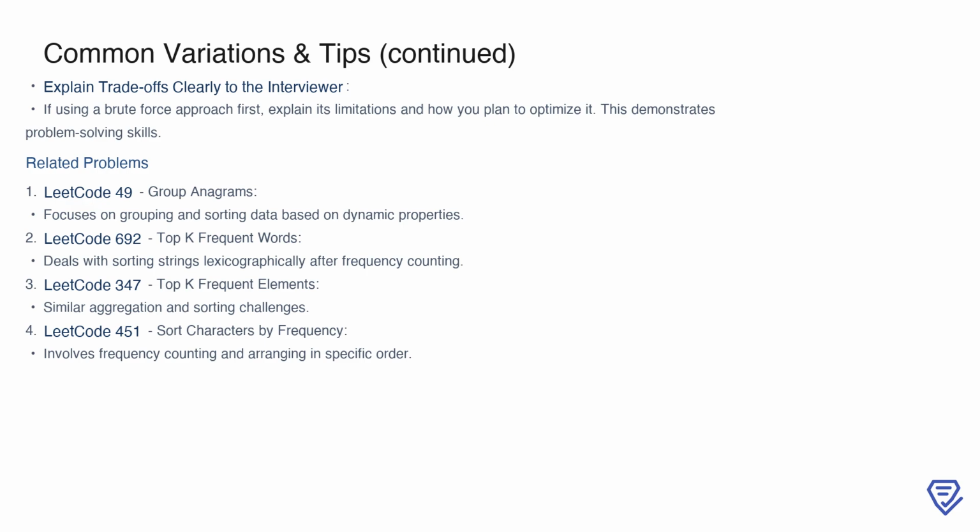LeetCode 692 and 347 both involve frequency counting and sorting challenges, with 692 focusing on strings and 347 on general elements. Additionally, LeetCode 451 emphasizes frequency counting and arranging data in a specific order. Reviewing these problems can help reinforce the techniques needed to solve this one effectively.